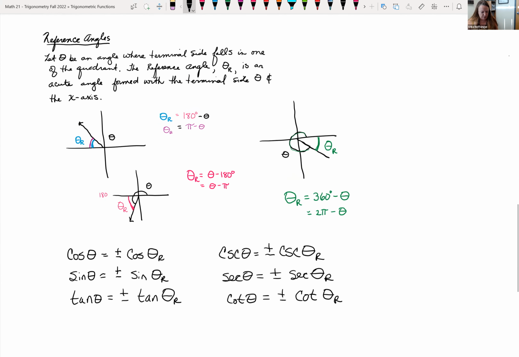Let's look at an example of this, and then we'll take a break. Pulling up an example. Actually, before we look at our trigonometric functions, let's just look at finding the reference angle, and then we'll look at, when we get back from the break, evaluating the trigonometric functions there.